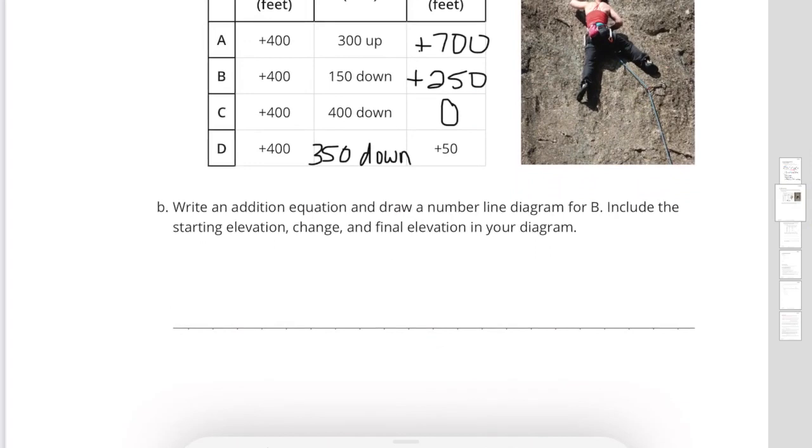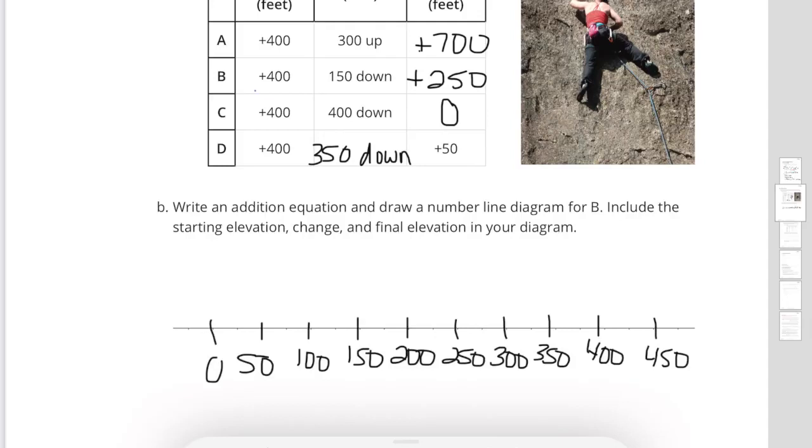On B, it says write an addition equation and draw a number line diagram for B. Include the starting elevation, the change, and the final elevation in your diagram. So we start at positive 400, so from 0 to positive 400. We have a change of going down 150 feet.